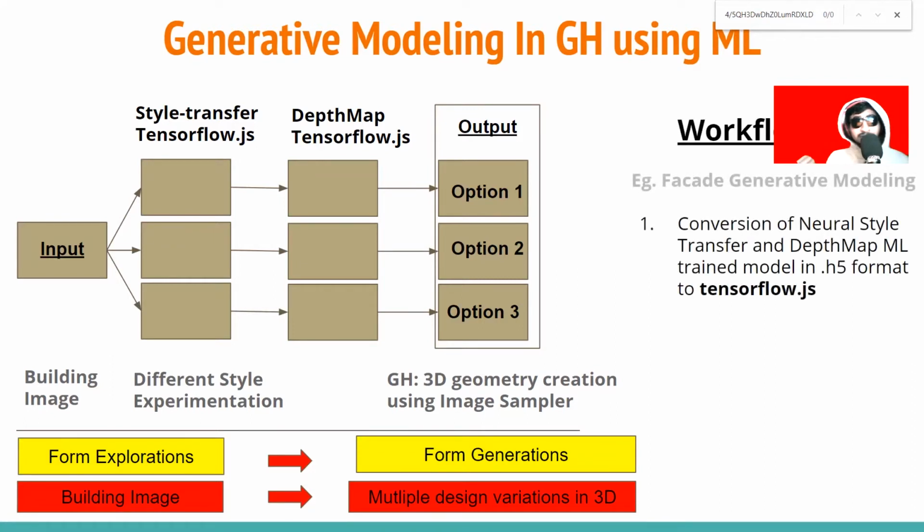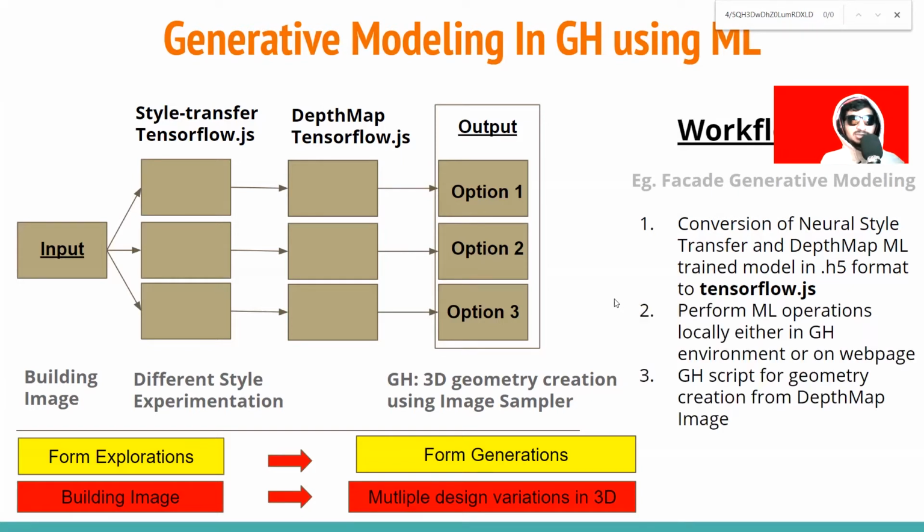So in order to execute this, first of all, we need to convert these machine learning algorithms, style transfer and depth map, which are in .h5 format, to TensorFlow JavaScript format.